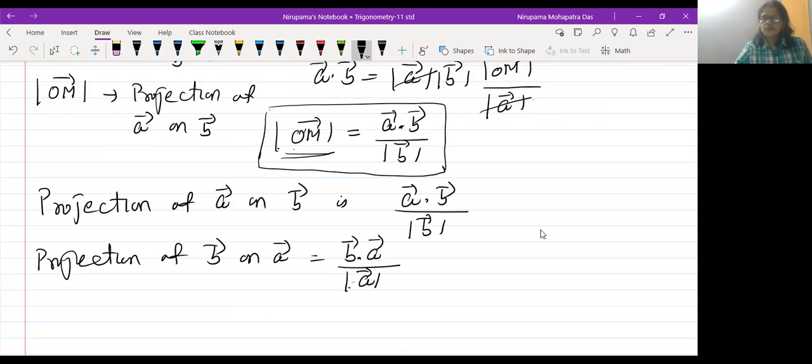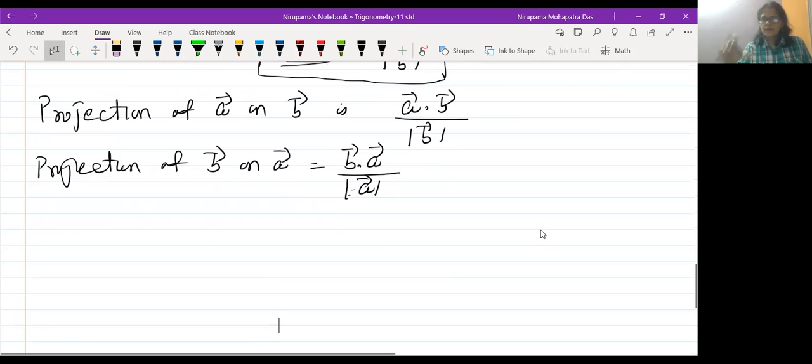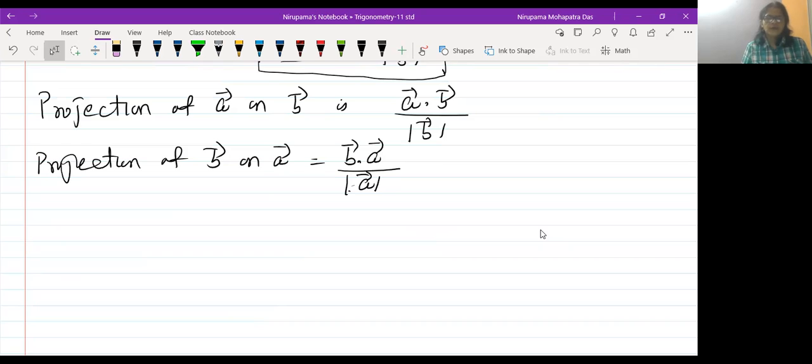Projection is basically the length of the line segment OM, when AM is perpendicular.